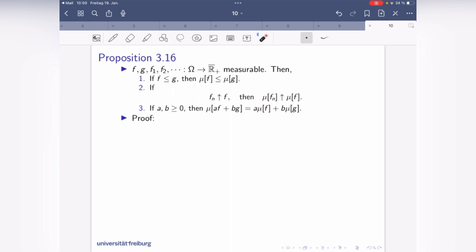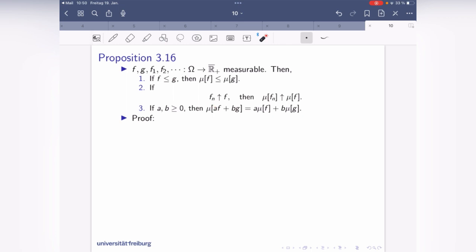But I would like to focus on the second property because that's a really important thing, which we will also need later. So if f_n increases to f, then the integrals also converge. So that's what I will call the convergence theorem in the next video. And the reason why the convergence theorems for this integral we are defining here are so nice is exactly this statement here.